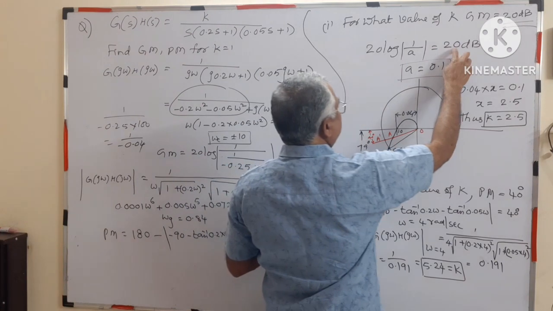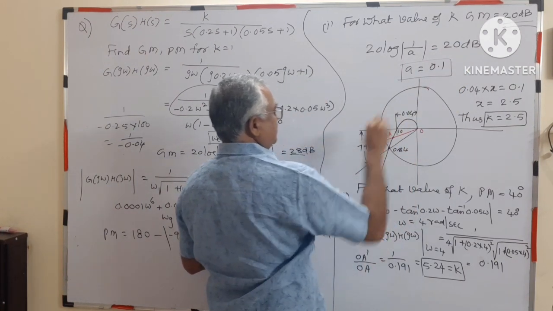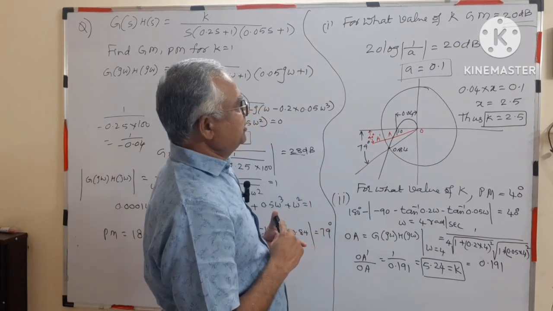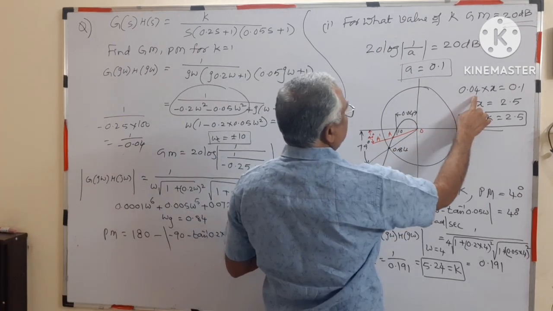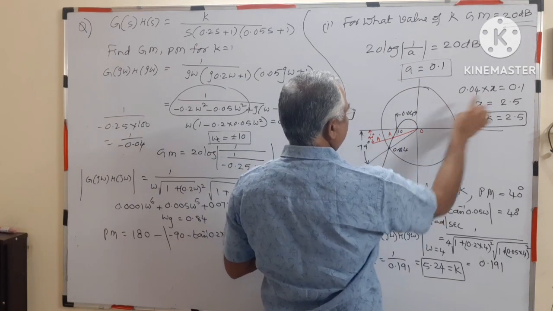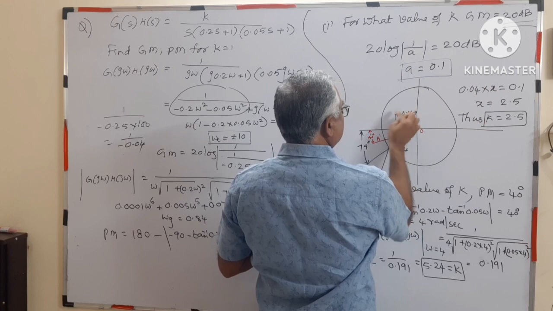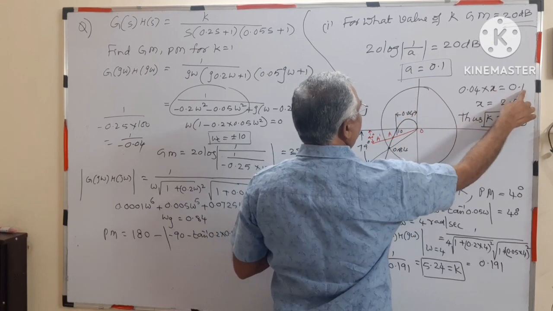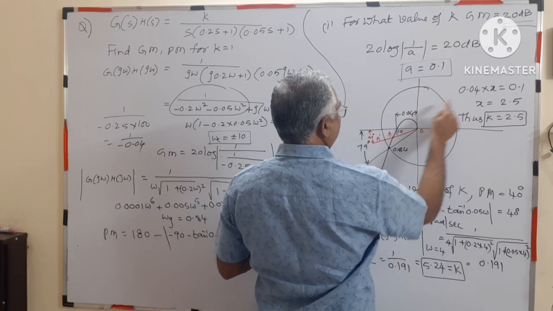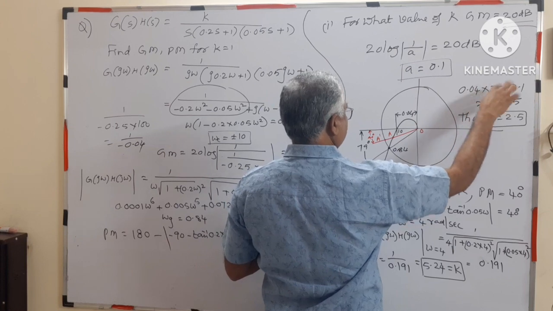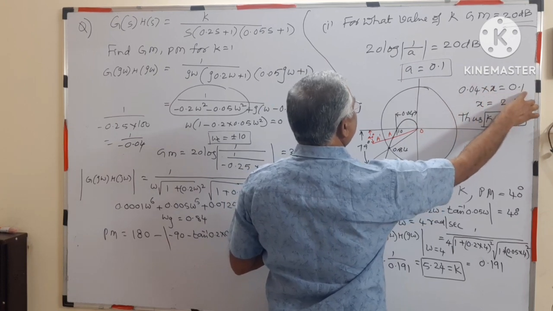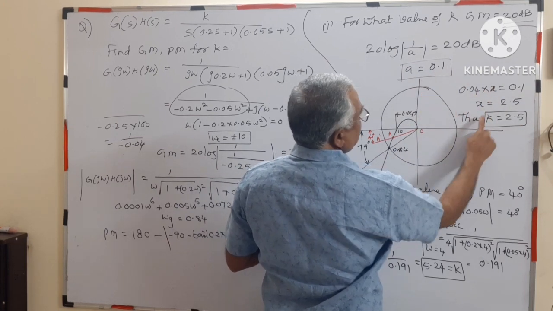To get to 20 dB, how much factor? We have to estimate. So 0.04 into some factor should be equal to 0.1. If we multiply 0.04 with some unknown x, it will become 0.1. So what is the x value?